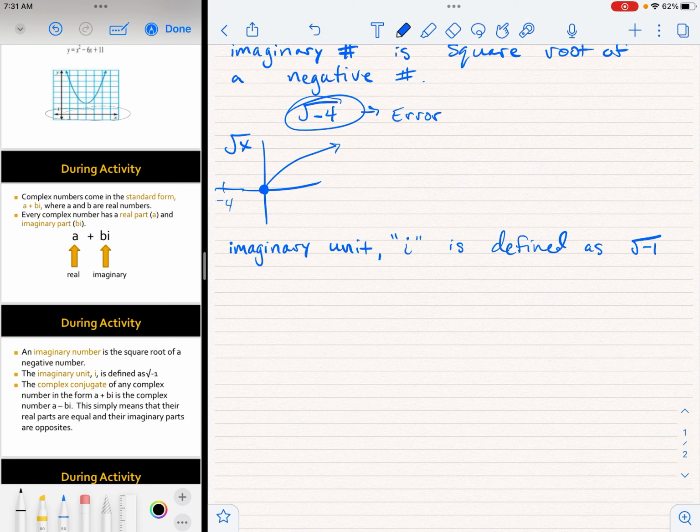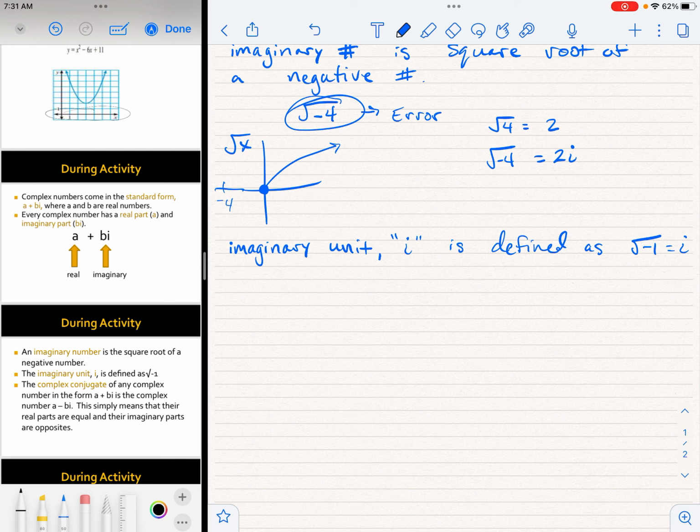So the square root of -1 is equal to i. For our example up here, the square root of -4 would be the square root of +4, which is 2, times i. So the square root of -4 is just 2i.